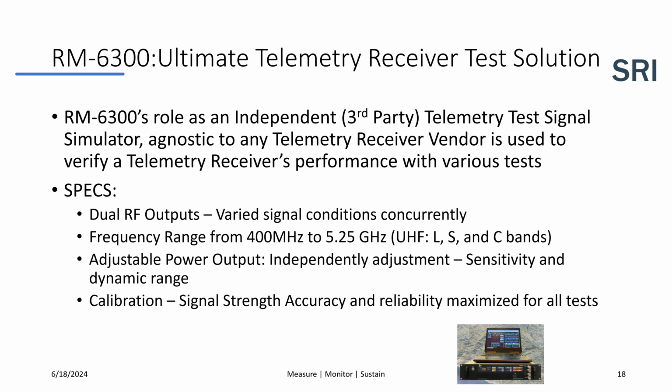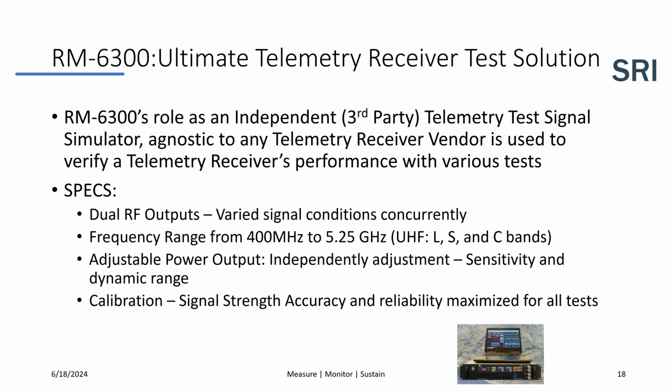The RM6300 excels as an independent telemetry test signal simulator. As mentioned, it's agnostic to all the telemetry receiver brands, and it's designed for stringent verification of telemetry receiver performance. It's aligned with protocols in the RCC Telemetry RF Handbook and IRIG 118, making it a universal tool for telemetry testing. It has dual RF output innovation.